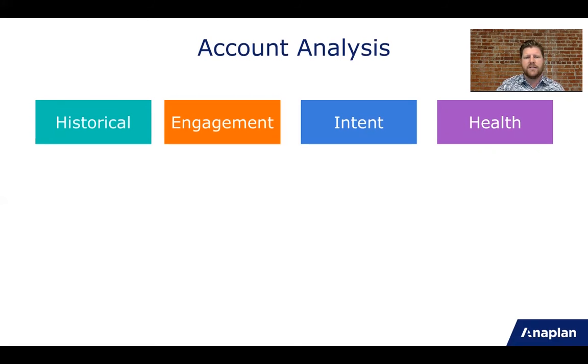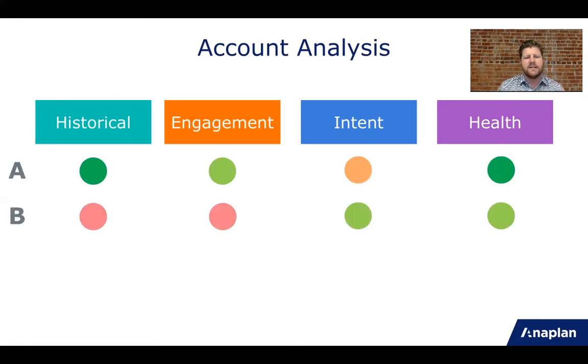When we think of the analysis that you can do, you might do that against a data set that says, okay, here I've got two industries, let's say, and when I look at industry A versus industry B, there's a couple of variations that are occurring here. You can see that in industry A, I've historically performed pretty well and my engagement's pretty good, but there's a lack of intent. Where I've sold to those types of accounts before, we can see that the health is good.